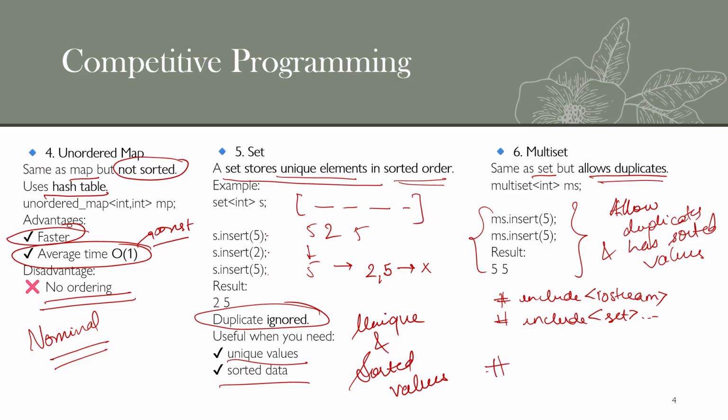So what you do is you write #include <bits/stdc++.h>, the standard template library. It has basically all these set, map. So you don't have to put them as header files again and again.